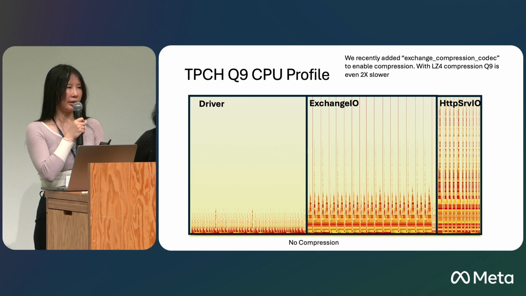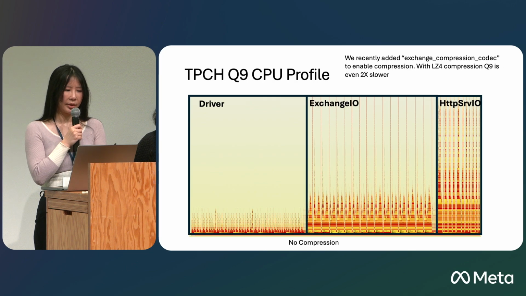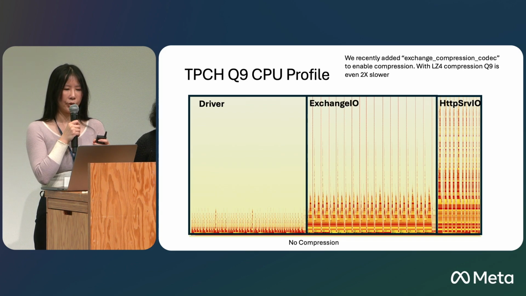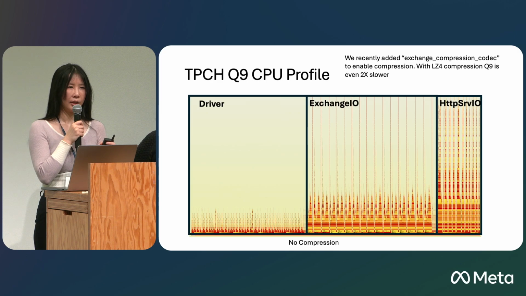Also, I did some tests just last week. Because this query shuffles a lot of data, we thought maybe compression would help. To run this, we introduced a new session parameter, exchange compression codec. This is new, so you are welcome to try.